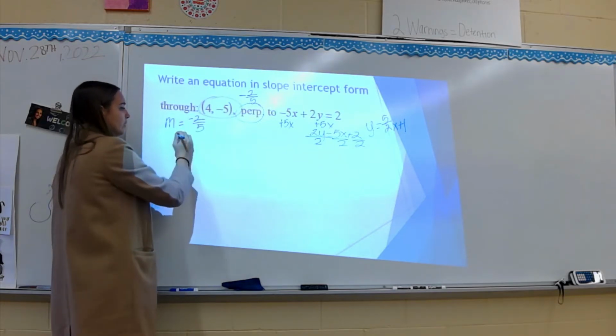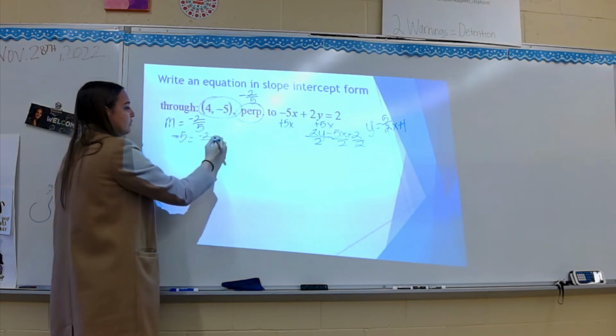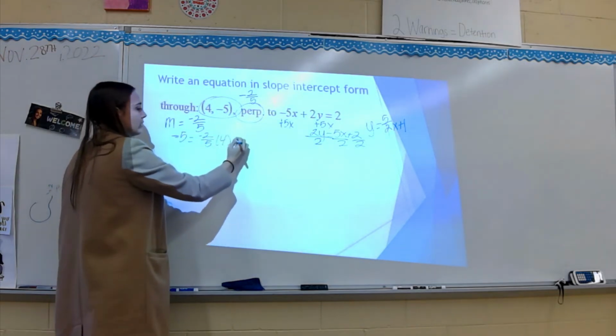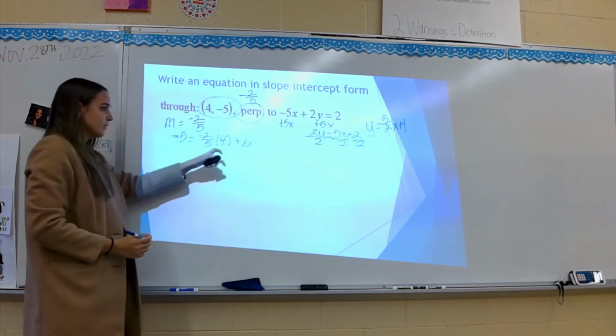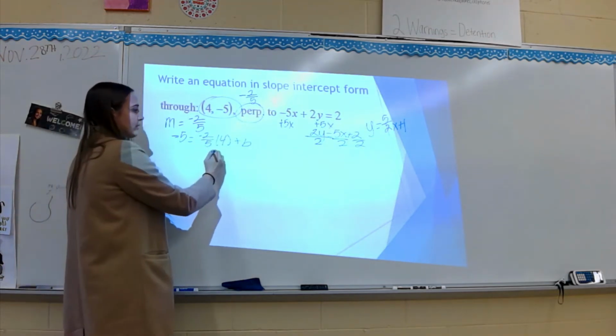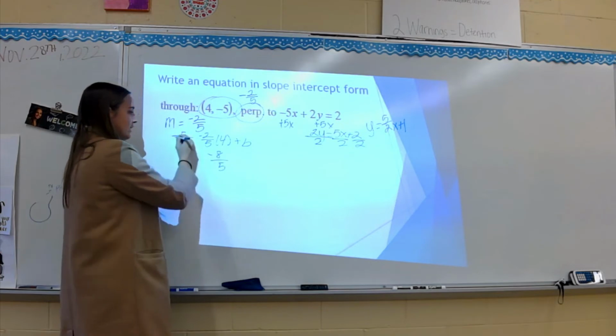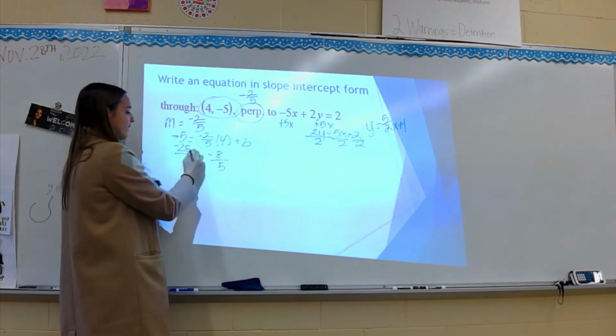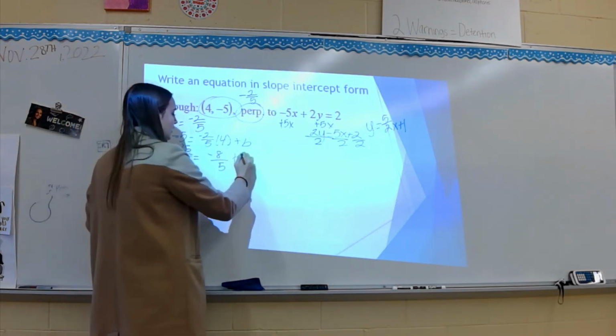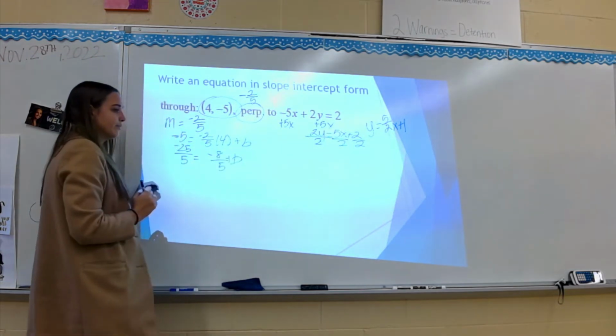Plug this point in. So y now is negative 5 equals negative 2/5 times 4 plus b. This becomes negative 8/5 over here. This in fifths becomes negative 25/5 plus our b.